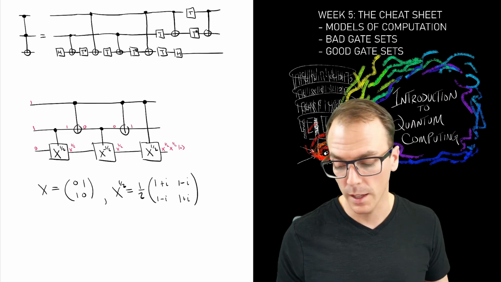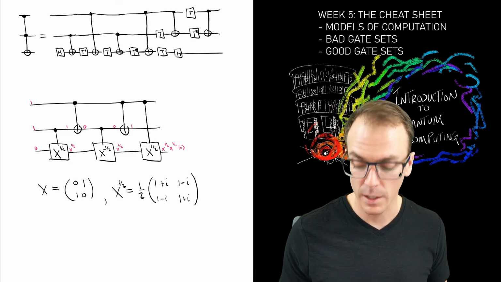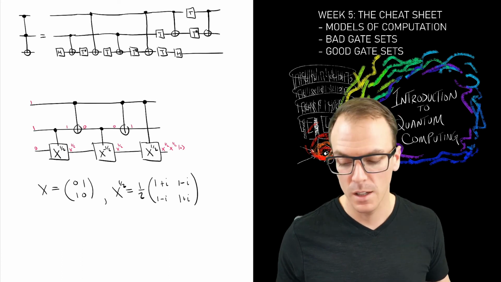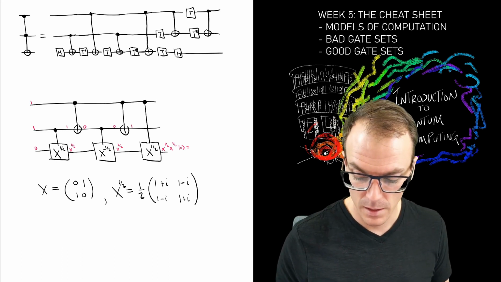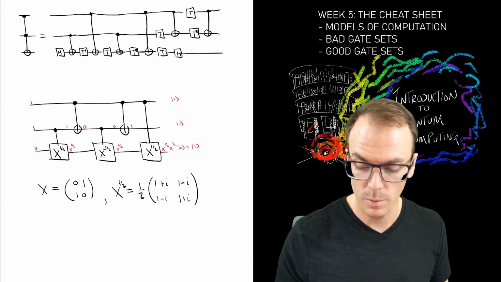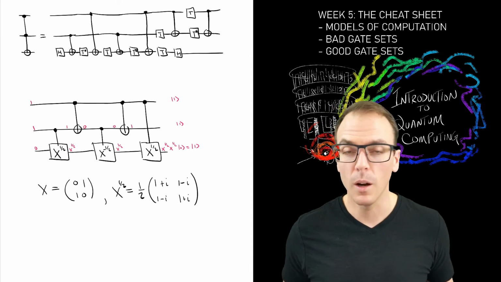The definition of x to the 1/2 is that it squares to the x gate, so that actually flips it, and this qubit was in 1, this qubit was in 1, so there we go.